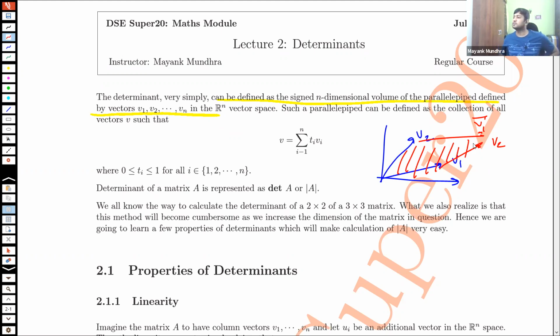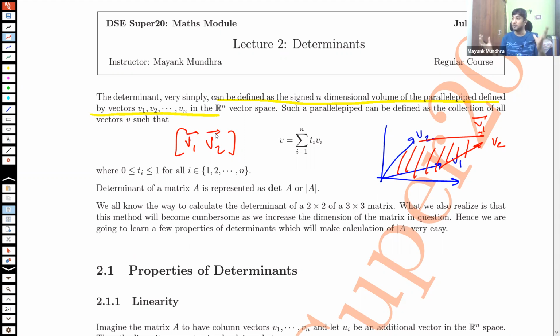The area of this parallelogram can be given by this determinant, the determinant of v1, v2. Similarly, in n dimensions, you can have n different vectors, and the determinant will basically be the volume which gets contained.